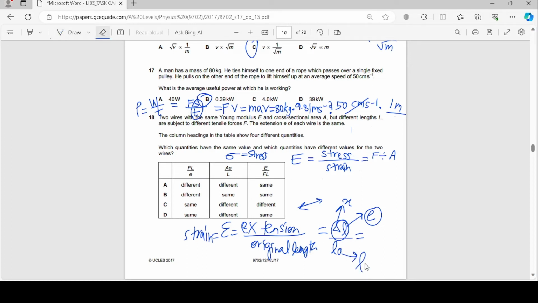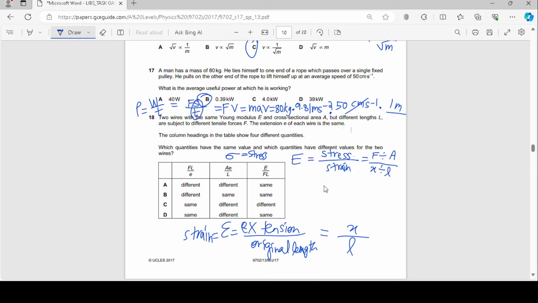Physics is not that rigid about symbols really, as compared to mathematics. So I'm just going to say that extension is X and original length is L, just so that I have easy variables. And so strain is going to be X over L, okay?